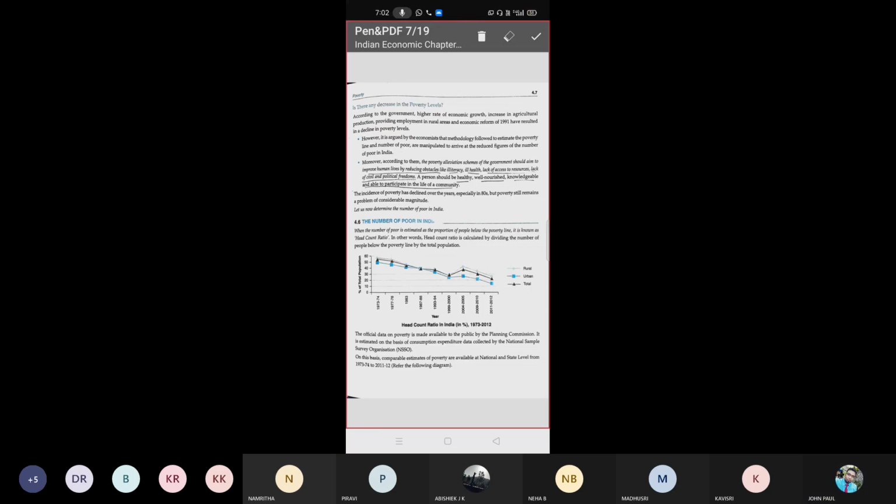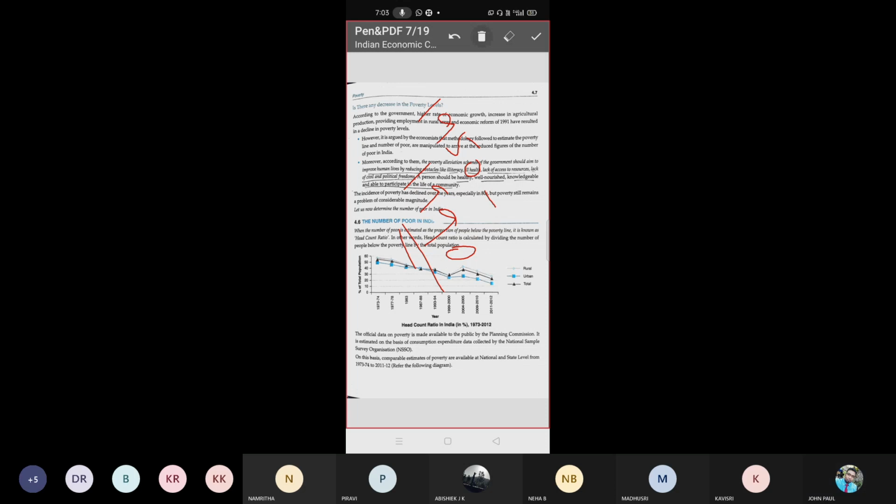From 1950 to 1990 the government took a lot of steps to overcome poverty and develop our economy, but somewhat failed. In 1991, after LPG, liberalization, privatization and globalization, they started economic reforms, the Indian economic policy of 1991. That helped a lot of people.